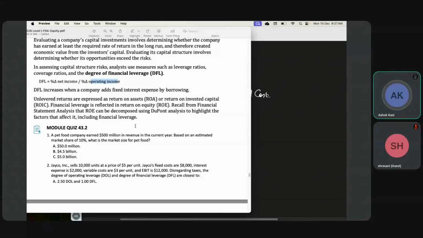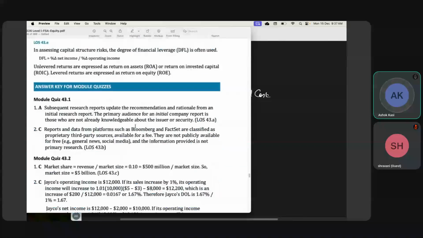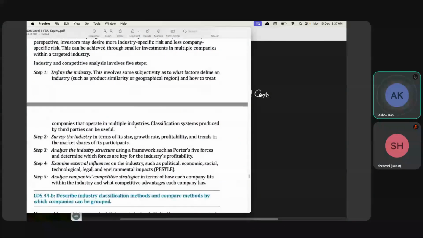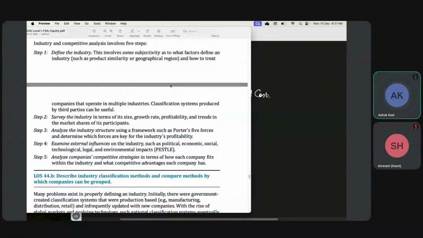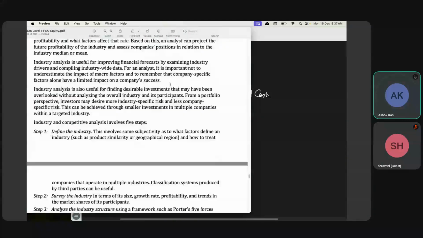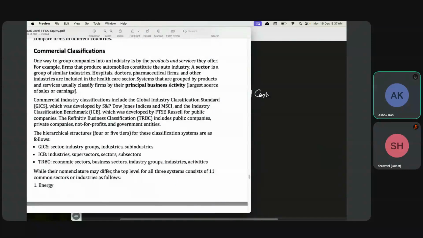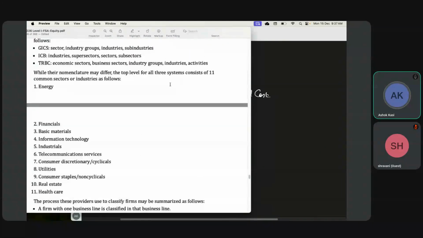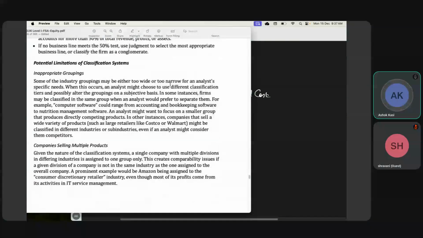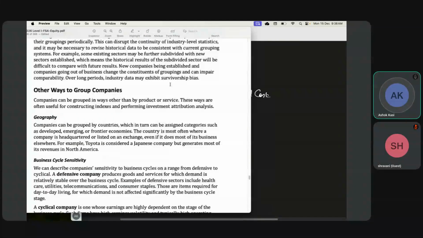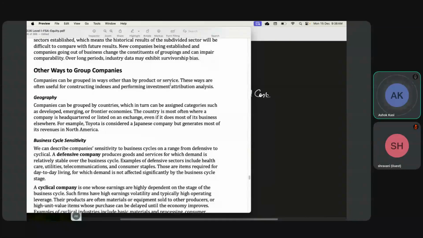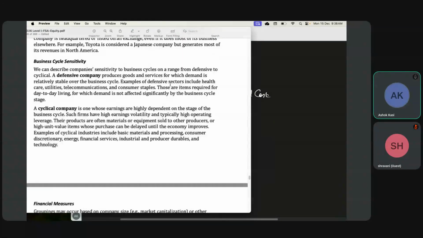Operating income means EBIT. These all are self-explanatory only.